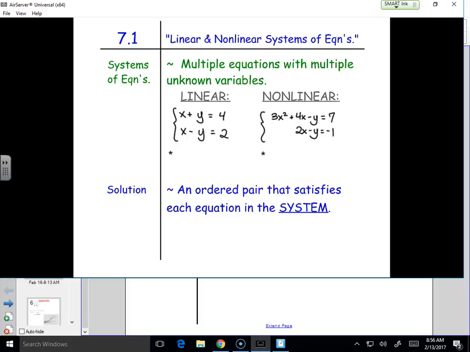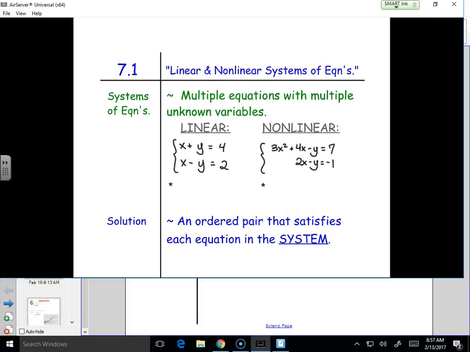7.1 linear and nonlinear systems of equations. Kiddos, how have you solved? Well, hold on. What is a system of equations? I'm teaching my Algebra 1 kids this. It is at least two equations with multiple variables that you need to solve.